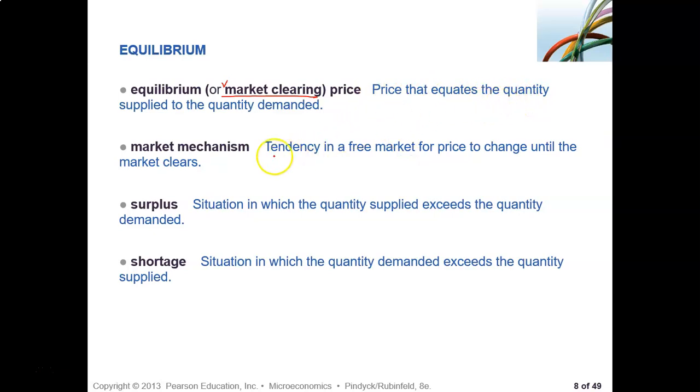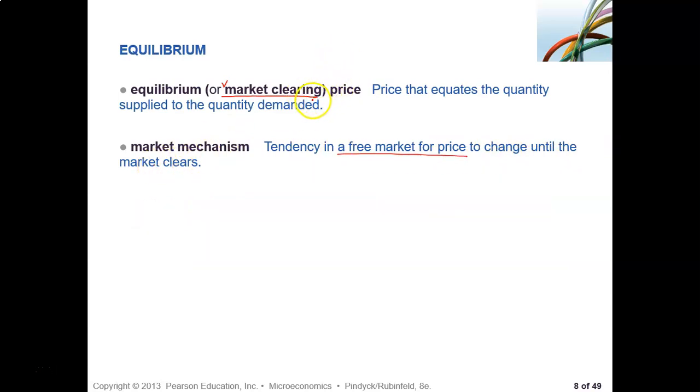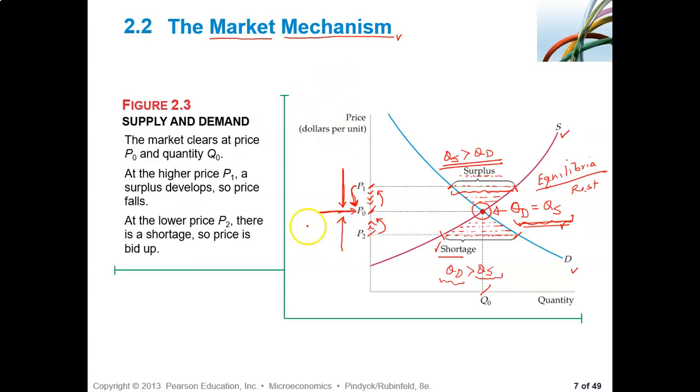Now, market mechanism is the tendency in a free market for price to change until the market clears. See that? So that adjustment, as time goes by, if we go to the previous slide, the market may fluctuate between surplus and shortage, until we gradually achieve P0, the equilibrium.